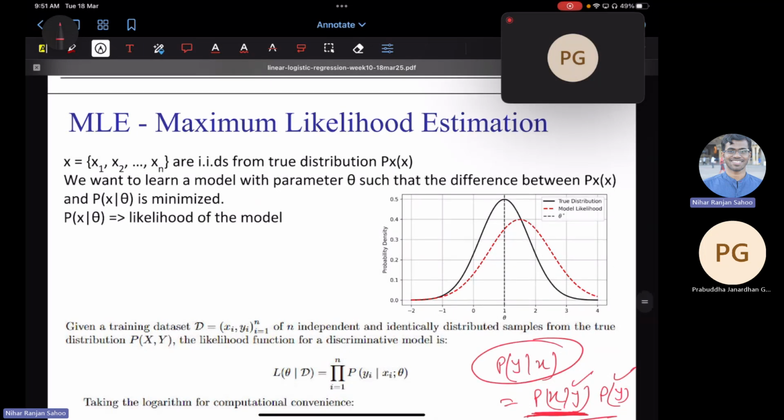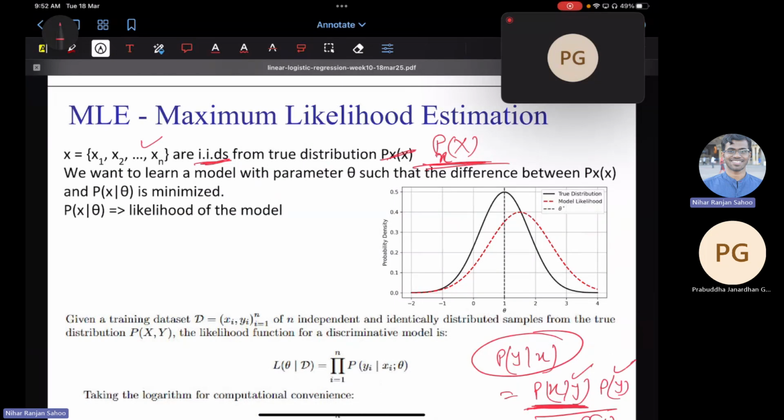So what's the assumption we are having? This has to be p of x. The assumption is we have some given data distribution coming from this p of x, and every data point we are sampling from this distribution is IID, right? IID is a major assumption in any machine learning algorithm because that helps in the optimization.